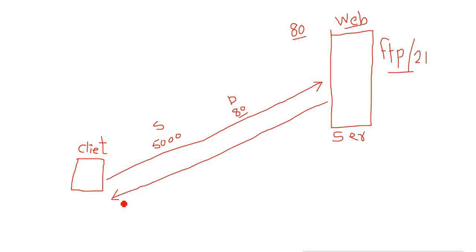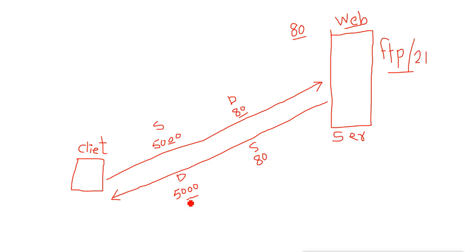Remember, when the reply comes, the source IP will be the IP of the server and the destination IP will be the IP of the client. In this case the destination port number will be the port number which we sent as the source. So this source port becomes the destination port in the reply of the web server, and the source port will be port number 80.